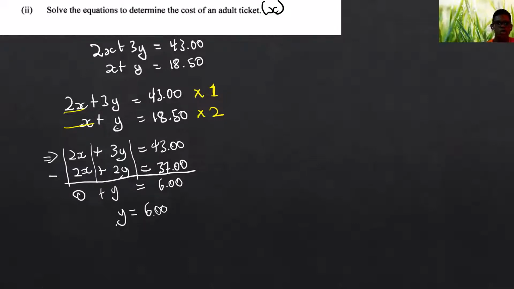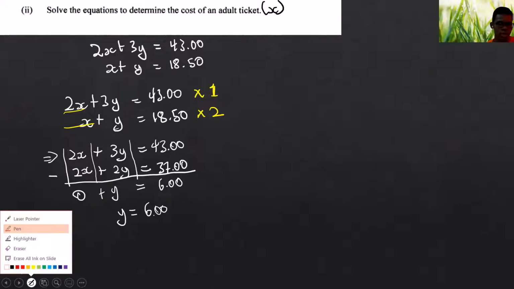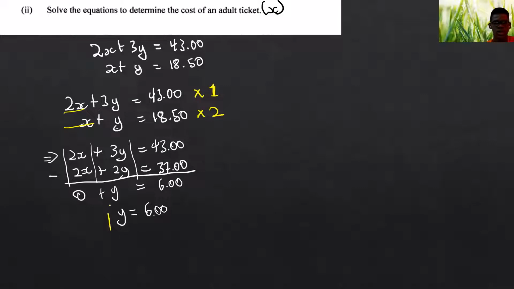So now we know what one variable is equal to, and y is the cost of a children's ticket. If we would have gone the other route, like I was explaining, we'd have gotten what x is equal to and wouldn't have to go and substitute. Okay? But we want to find what x is, and we know what y is, so we can substitute y into one of these two equations and we would get what x is, right?